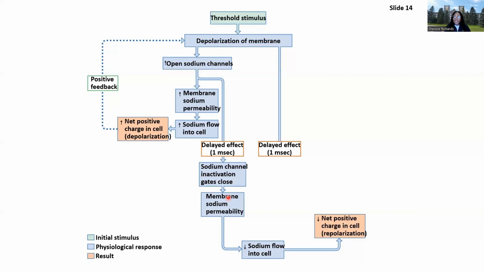Simultaneously, at that negative 55 threshold, there's another 1 millisecond timer that also goes off. That is the timer for the potassium channels. And notice that this is happening. So the 1 millisecond timer on the inactivation gate is syncing up with the 1 millisecond timer on the potassium gate.